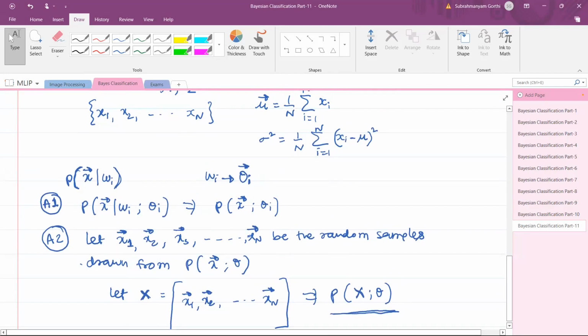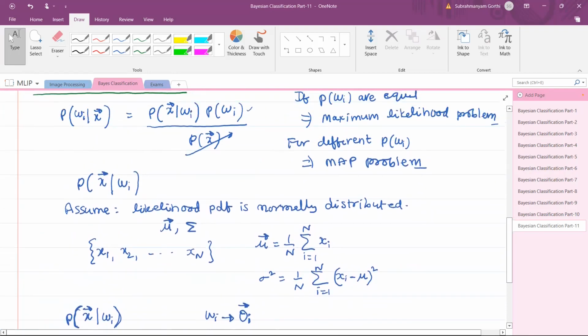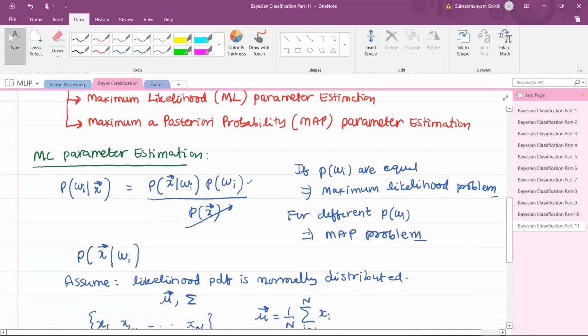Just trying to add one more point here. The assumption one I made, you could also think about in terms of the Bayes theorem. We assume that the probabilities of omega I are equal. That is another important thing while you are drawing samples. Only then will you classify as if you are doing maximum likelihood.